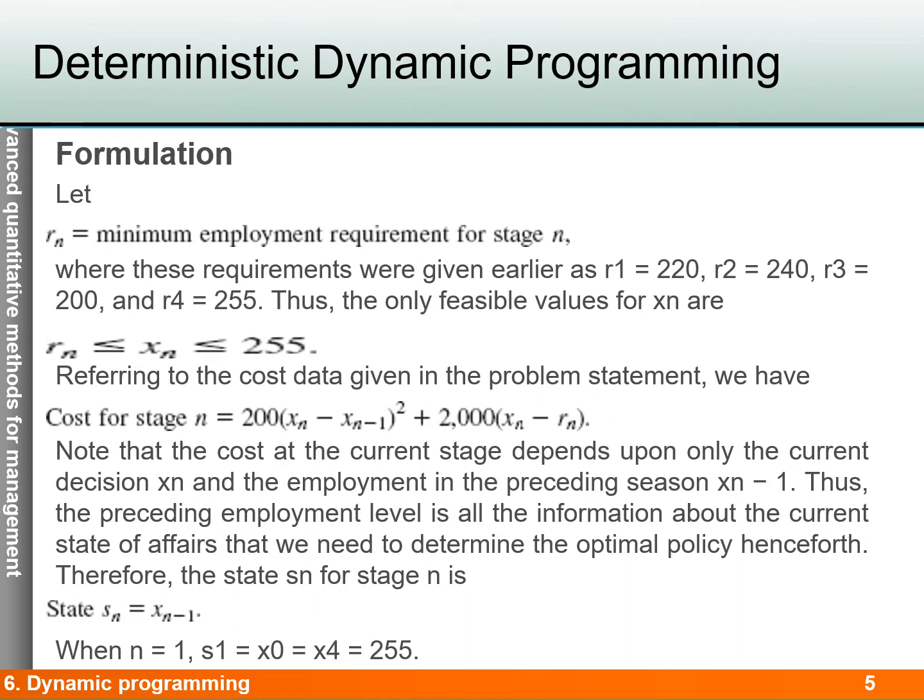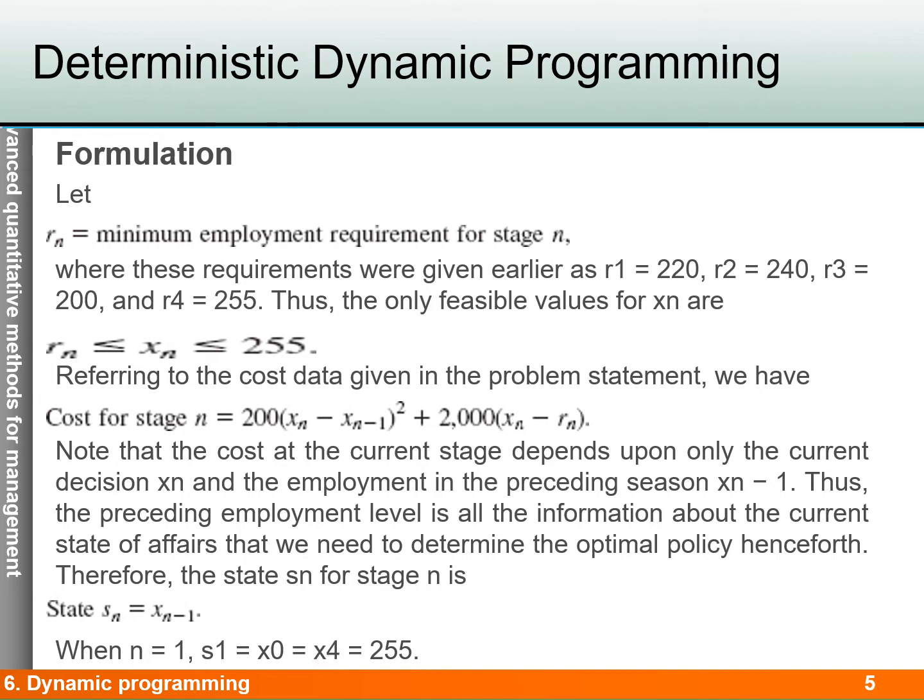As you see here, when n is equal to 1, Sn is equal to x0, like x4, that is 255. The period 0 we don't see in our table because we start with our summer, but we know this 255 is for spring that comes to the summer, that we start summer with 255, and for sure when we finish here it is the same form.